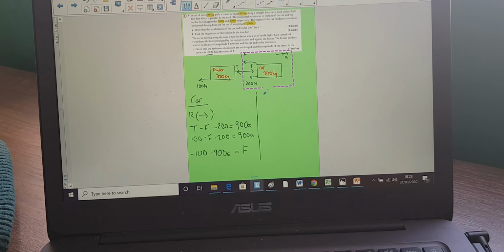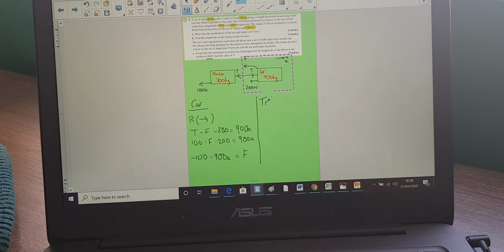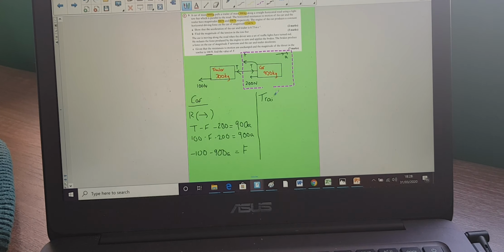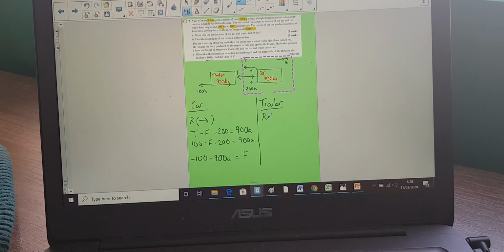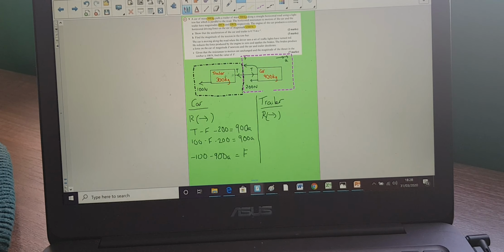So now I'm going to look at the forces acting on the trailer. I'm going to act in the horizontal direction. What have we got acting on the trailer? Let's get my dashed line, be real careful with it, looking at only the forces acting on the trailer. Right. This time there is nothing acting in this direction.